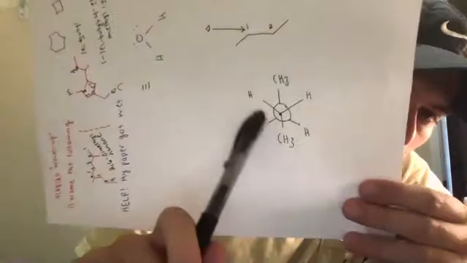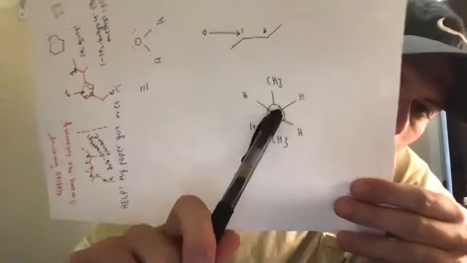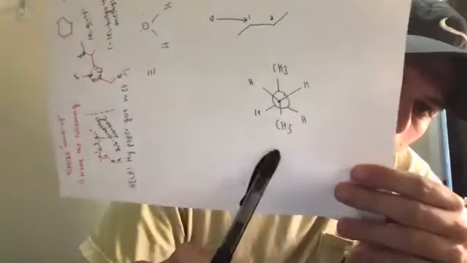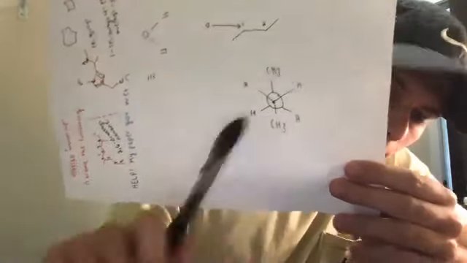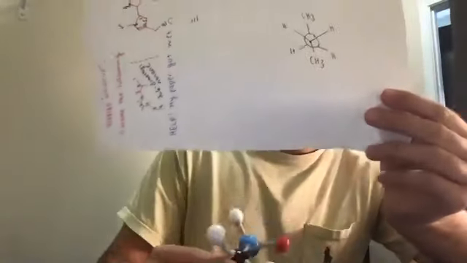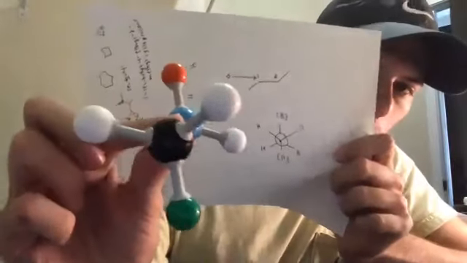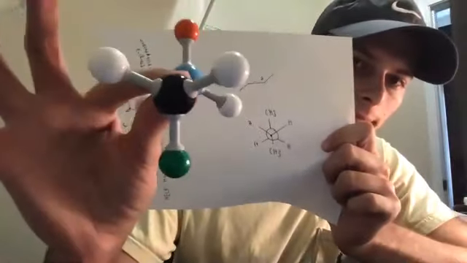So on our paper, it would translate to that. So notice how the front carbon, it kind of intersects at the center. That's the hydrogen, the CH3 going down. And then on the back carbon, we had that CH3 going up and that hydrogen also going down. So let me just show you this model one more time to prove that to you. So we are here, all right? So I hope you guys can kind of see this.